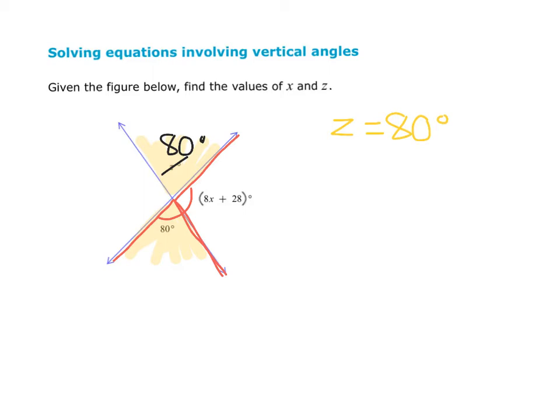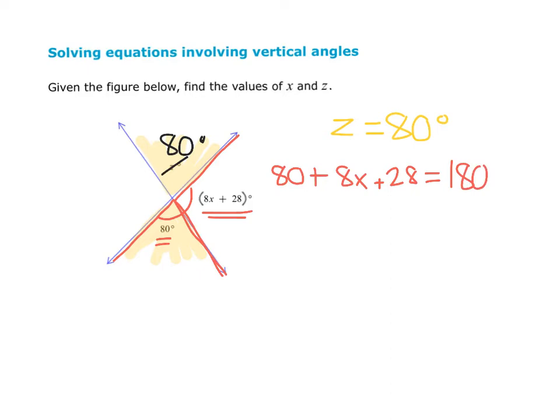So I'm going to write an equation that I can then solve to find out what x is. So it looks like this. This 80-degree angle plus 8x plus 28, and I don't need the parentheses there, has to equal 180 degrees because those are supplementary angles.